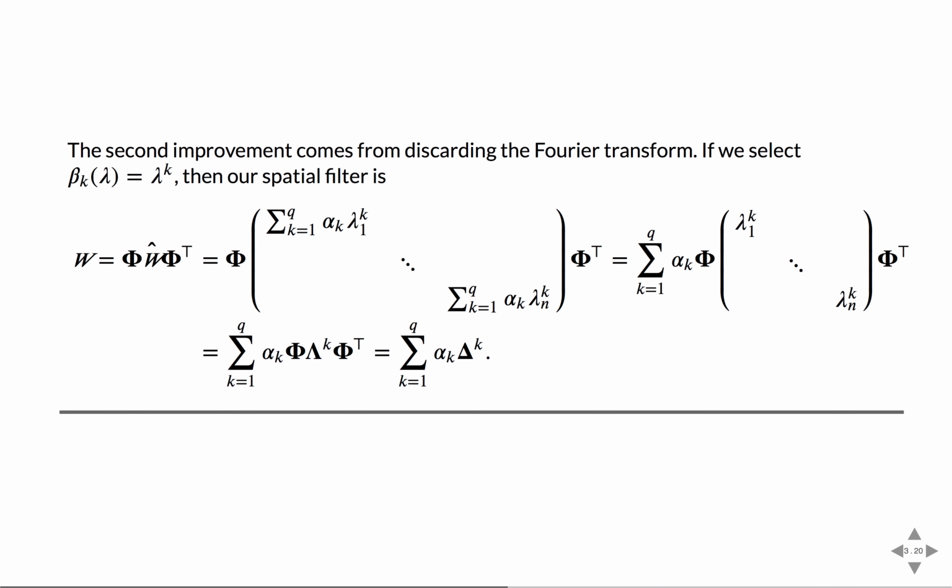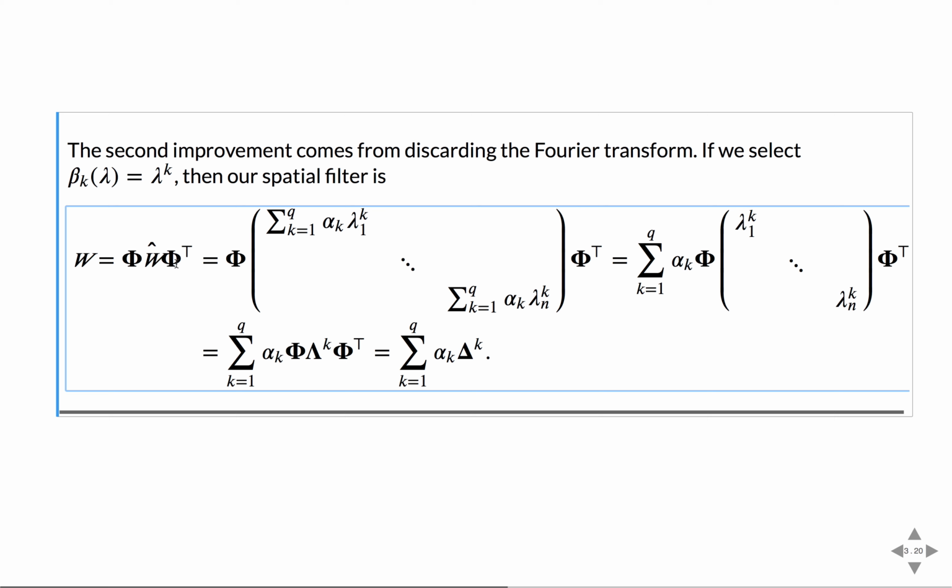One popular choice is to select the beta functions as polynomials. Remember it was defined as beta times alpha, and then a diagonal matrix of that. So in each diagonal element here we have this sum.